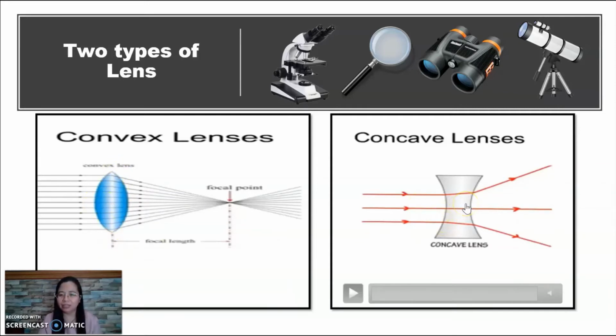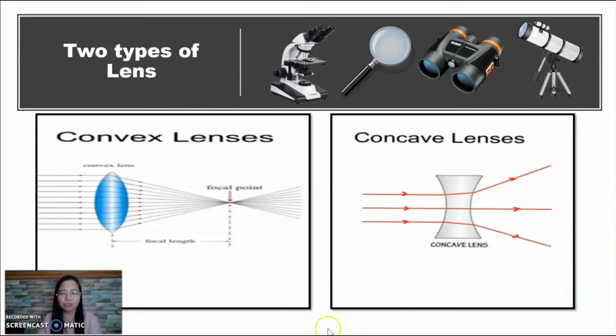While in concave lens, you have a thinner middle part, and then you have thicker edges. So it's the opposite. Now, how about for the light rays? Observe that for the two types of lenses, the light rays bend or refract as they pass through the lens. So there is refraction of light, or bending of light.